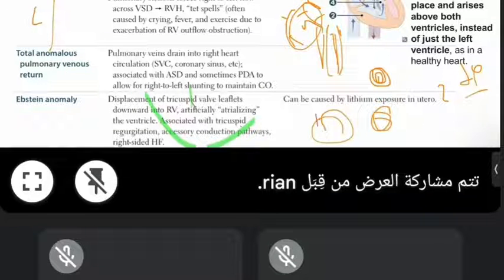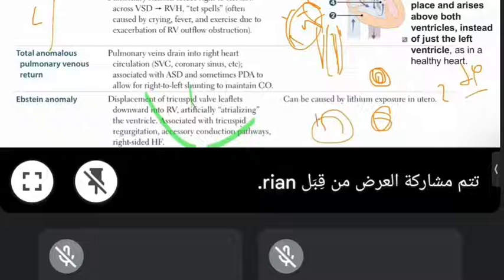Pulmonary infundibular stenosis is the most important determinant of prognosis. How do we determine the prognosis? How long will this baby live? His life expectancy depends on the degree of the pulmonary stenosis. If you have severe stenosis in the pulmonary valve, it's a worse prognosis.